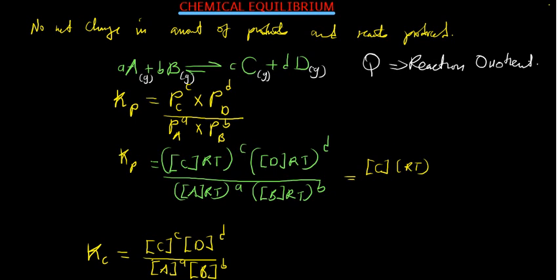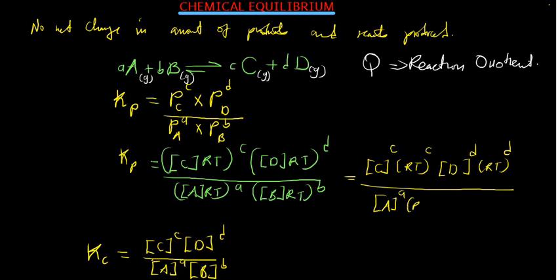And then we have got the concentration of D and then RT, so that is going to be raised to the power D, and this also raised to the power D because this D is going to apply to both of these. And then also in the denominator, we have got the concentration of A raised to the power A, and then RT raised to the power A.